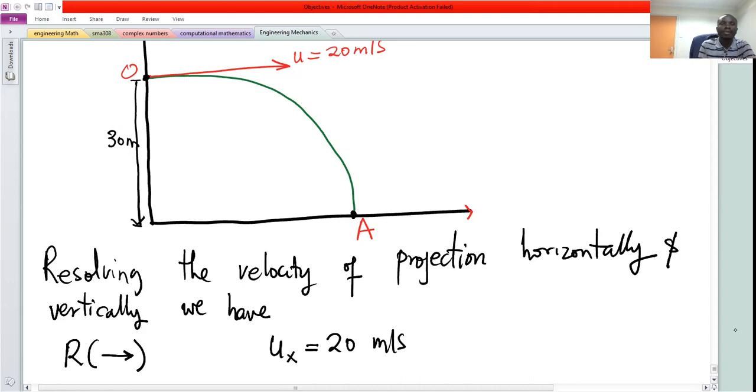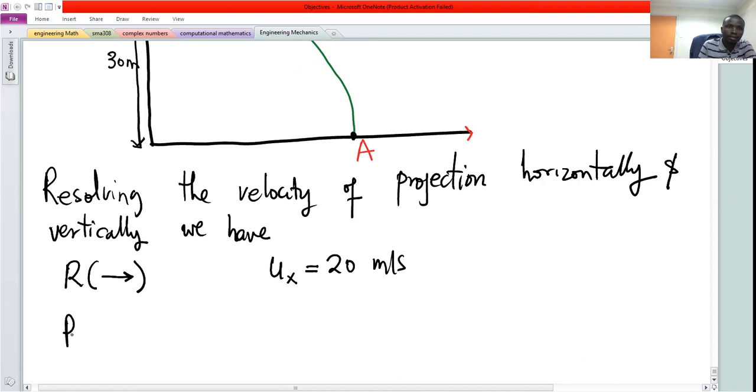And because that motion is purely horizontal, there's no vertical velocity. So resolving vertically, and because I'm showing this arrow going down since the object is going down, UY will be 0 meters per second.